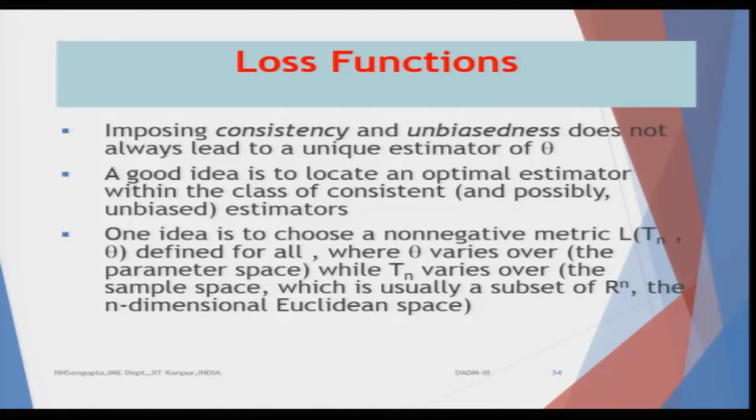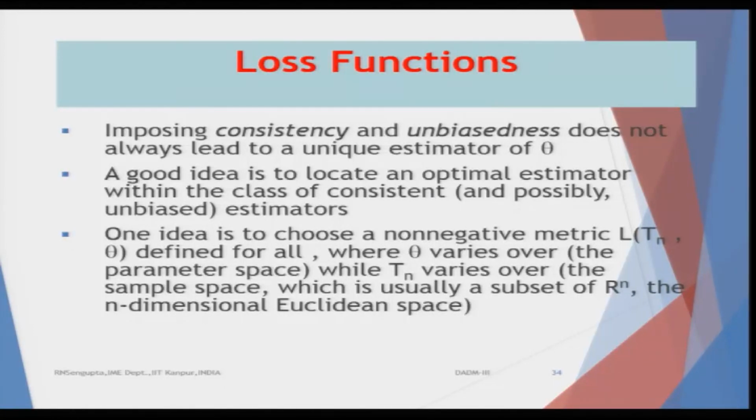T n is the estimate which you are going to find for theta. So we will define the non-negative metric L for all values of T n, where theta varies over the parameter space depending on the plausible values, while T n varies over the sample space.